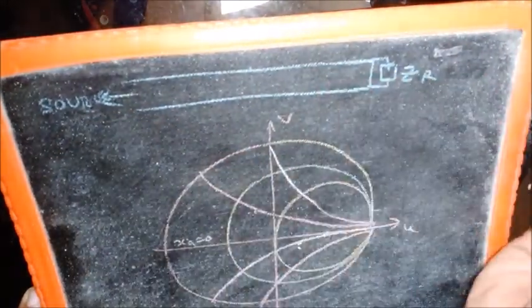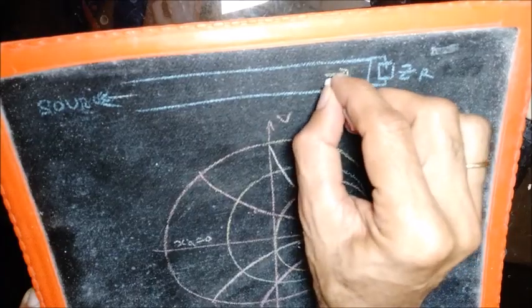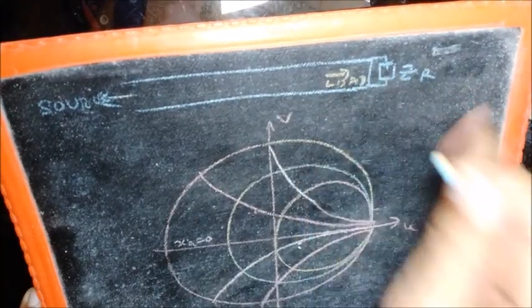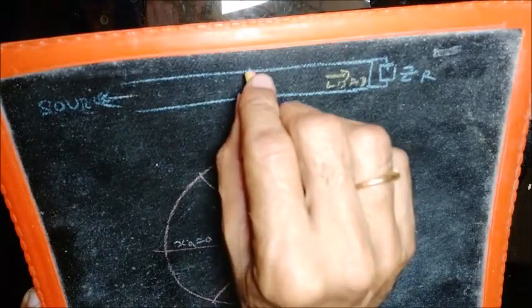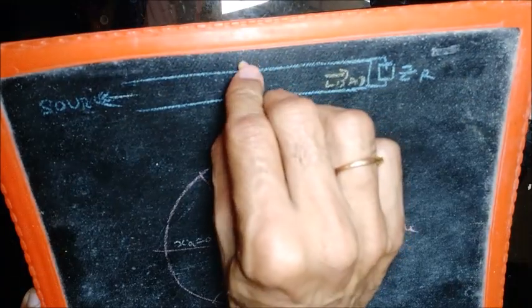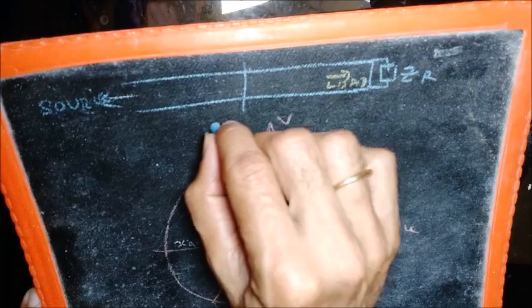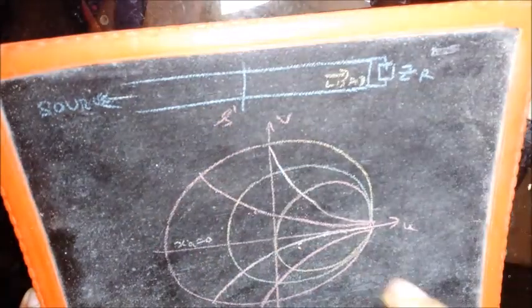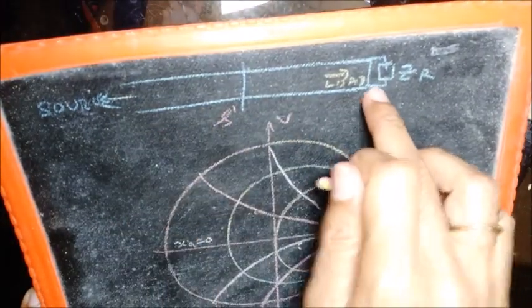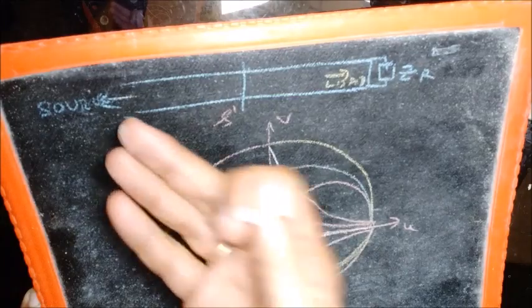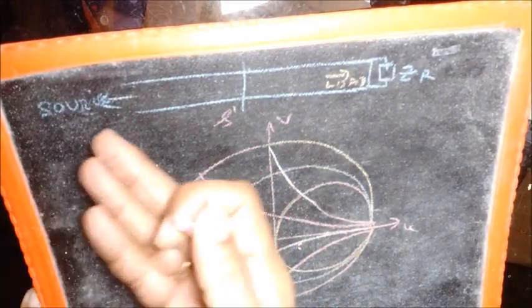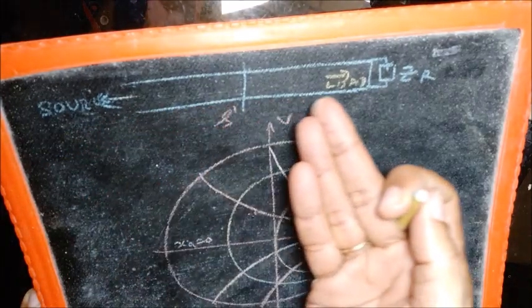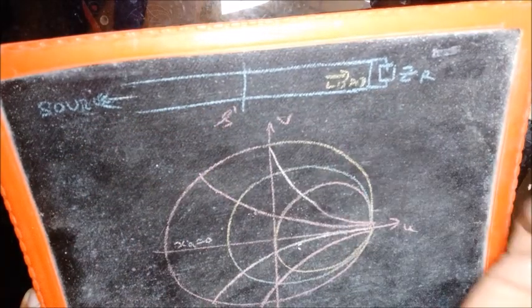This is the load side. Remember S0 is the load and S equal to L will be the source or the generator. So on this side S is decreasing, S0 is here.